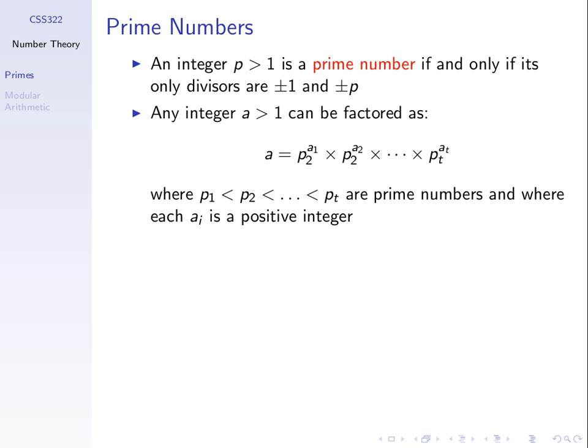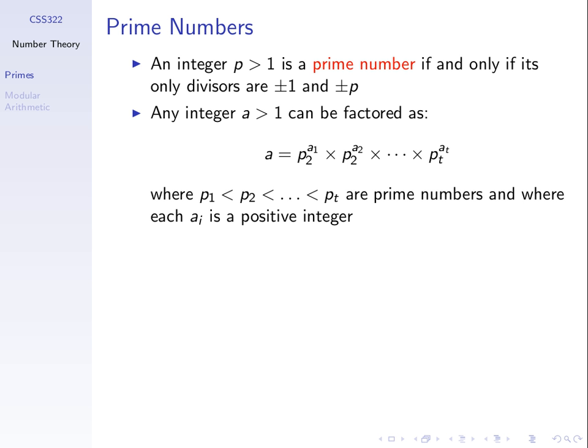So this is just some notation that you may see in the textbook. But the main point is that we can factor any integer into primes. It's not easy sometimes with very large numbers, but we can in theory.